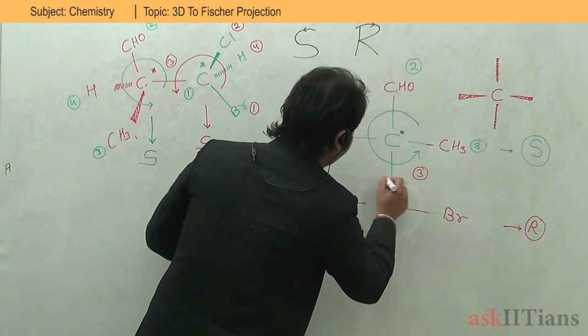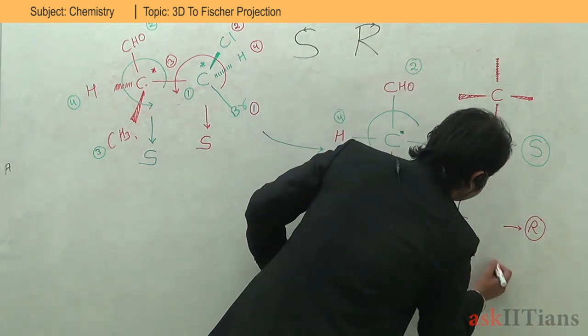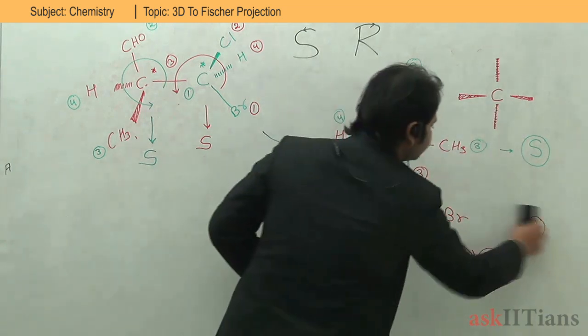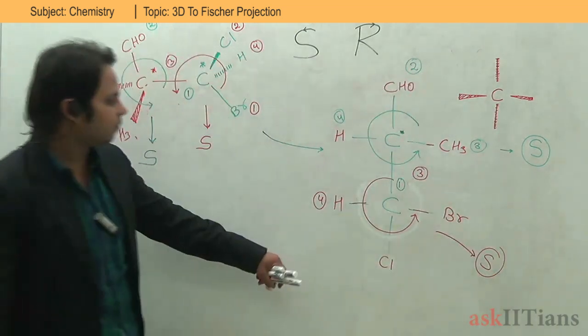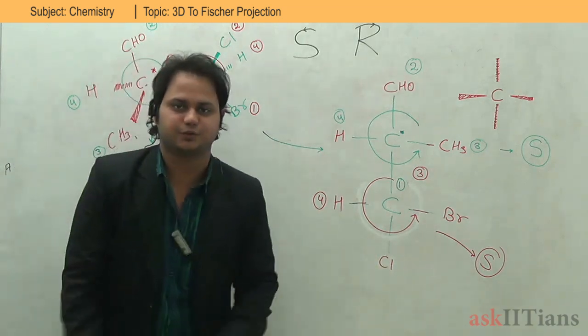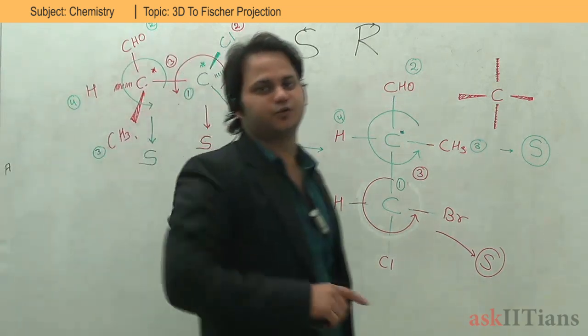Now if you look at this compound, it gives you S configuration. So earlier I was getting R for the second carbon, but now I am getting S by just changing the position of the substituent. That is how you change the 3D into a Fischer projection.